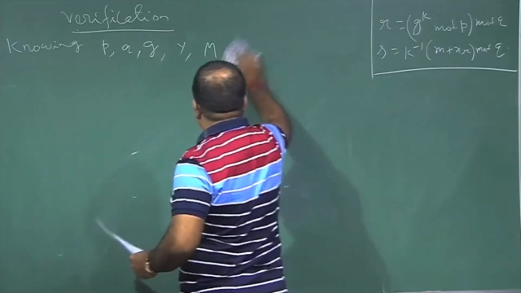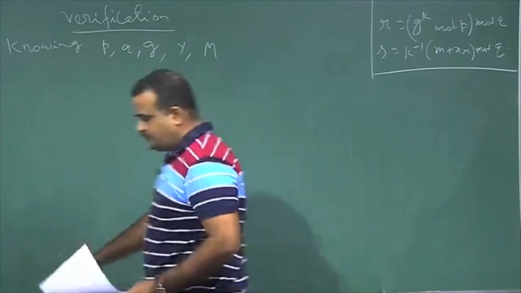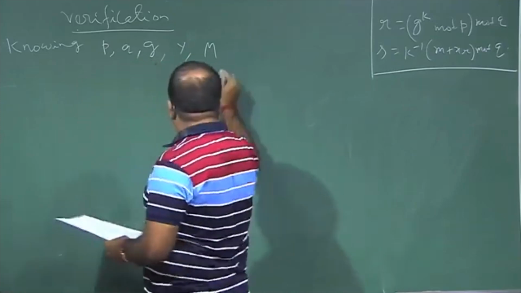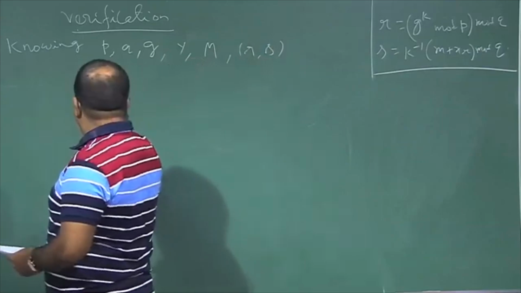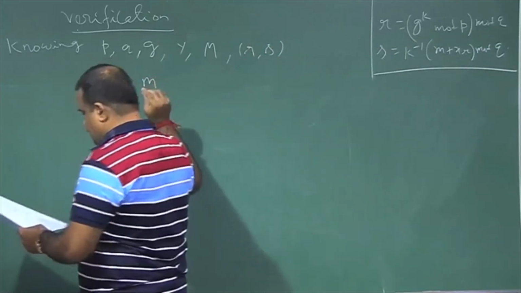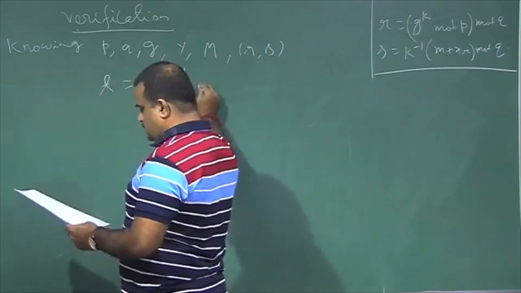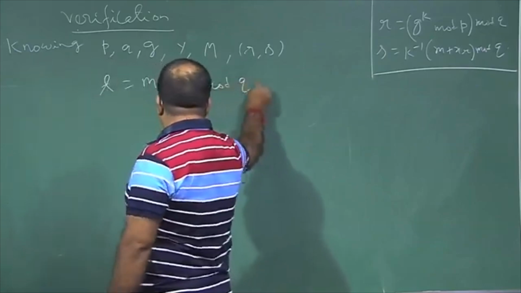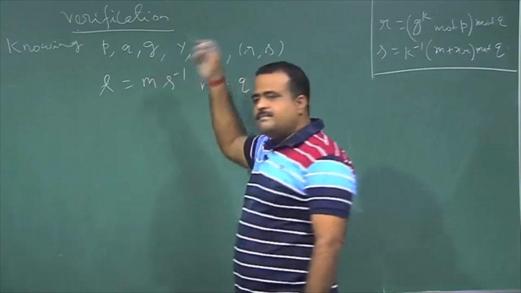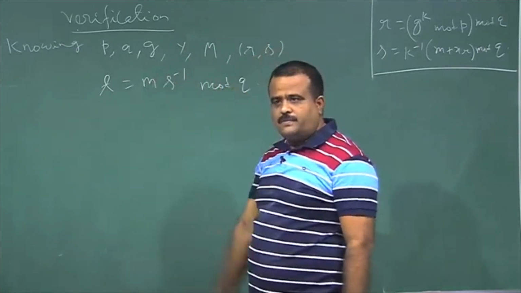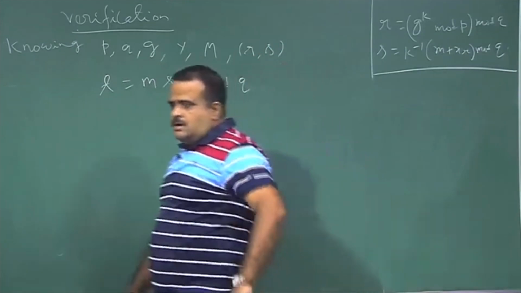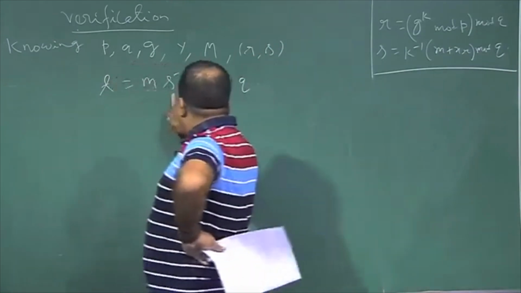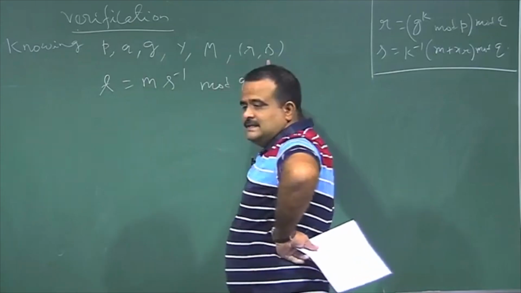So, the verification is done by this. Given R and S, Bob will compute T, which is basically m S inverse mod q. Bob can compute this because m is basically H of capital M, and the hash function is public. So, Bob can easily get this, and S is coming from Alice's signature.